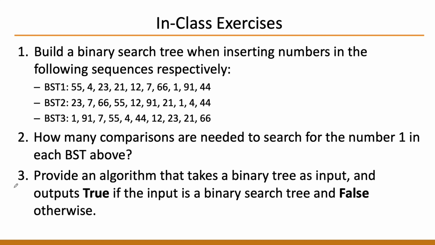Again, the important property that you are checking is to make sure that the root value should always be greater than everything on the left-hand side and should be smaller than everything on the right-hand side. And this property needs to be recursively true. Okay, so think about this. I think the easiest way to materialize and utilize this particular property is by recursion. Think about how you can use recursion to achieve that. And we'll review the solutions separately.